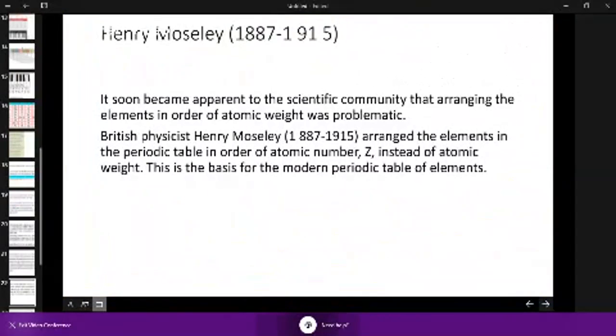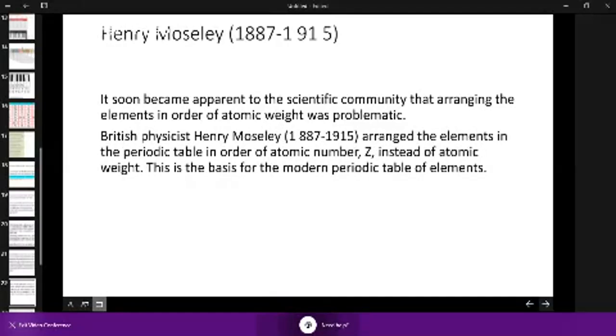Then we come to our last scientist, that is Henry Moseley. Was born in 1887 and died in 1915, about 105 years back. Yeah. So these scientists saw that there was a problem with atomic weight, because every person complained about atomic weight.